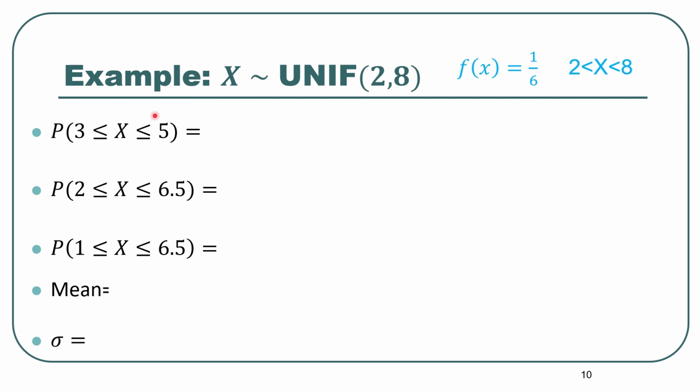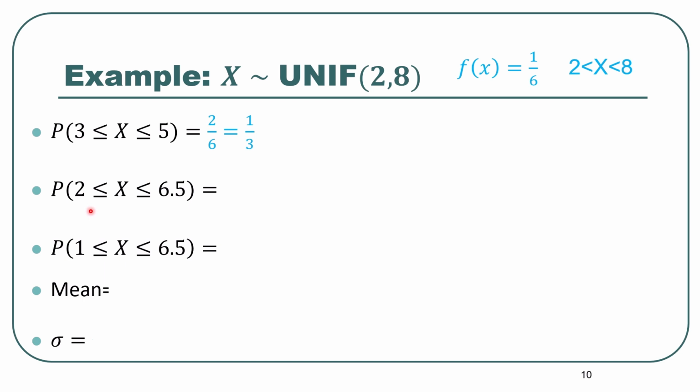The probability of x in this tiny interval inside the whole interval, according to our rules, is the length of that interval, or the base of my rectangle, so 5 minus 3 is 2, multiplied by the height, 1 over 6. So it's 2 over 6, which is 1 over 3.